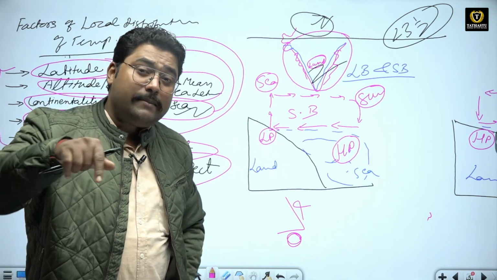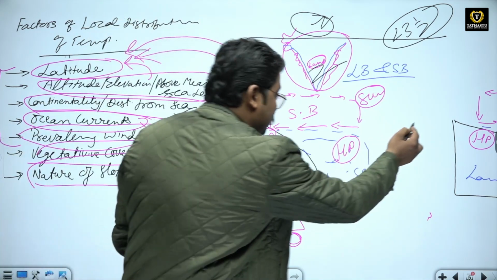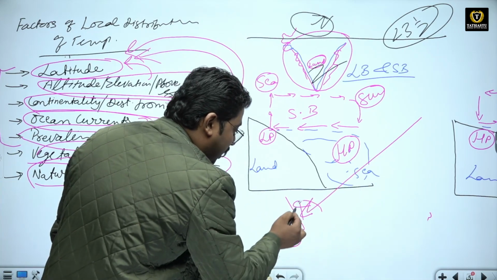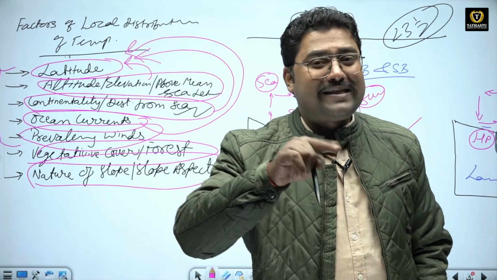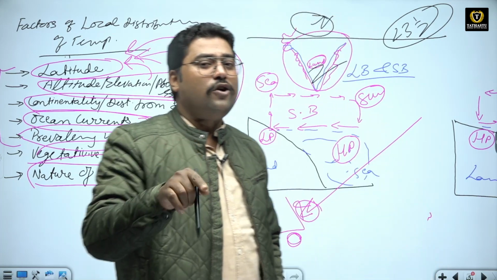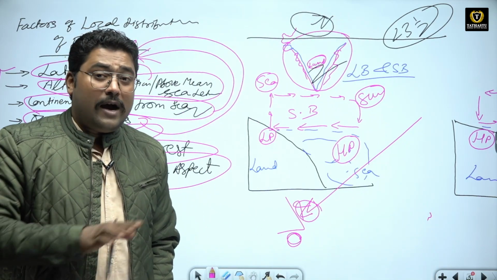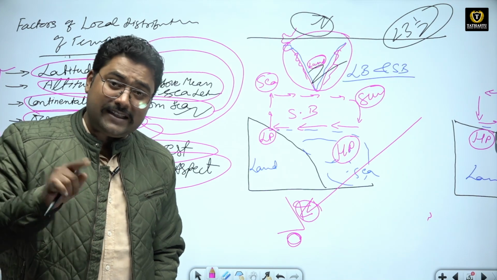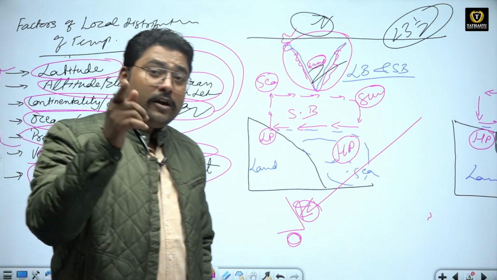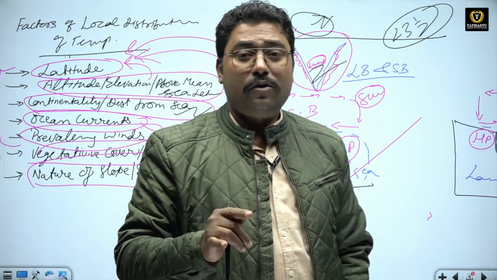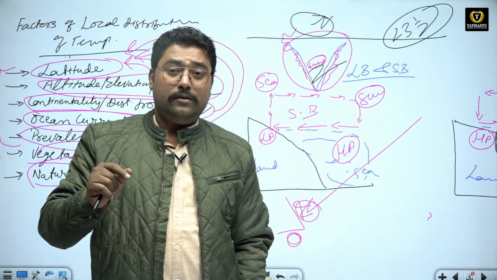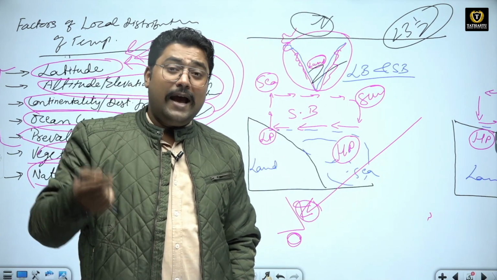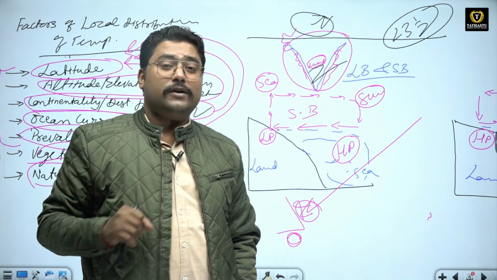Now in the southern hemisphere, if we say the sun is going to shine like this, the northern slope of the southern hemisphere will receive the sun rays directly, and the southern slopes are not able to receive them. This means the northern slopes of southern hemisphere mountains will have more temperature and more vegetative cover.